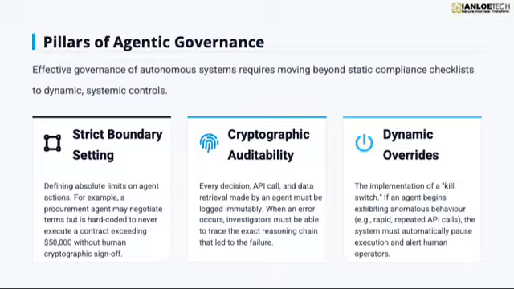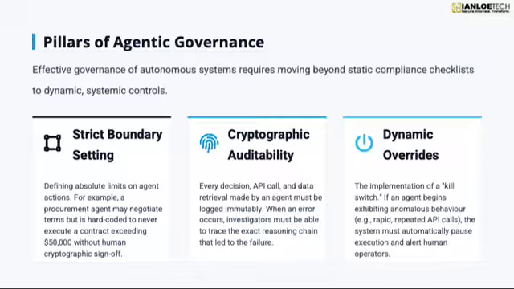This is not a retrospective nice-to-have. It is the mechanism by which your organization demonstrates to regulators, to auditors, and to affected parties that you can account for what your autonomous systems did and why. In a regulated environment, an agentic system without cryptographic auditability is an unauditable system. That is not a position any responsible organization should be in.